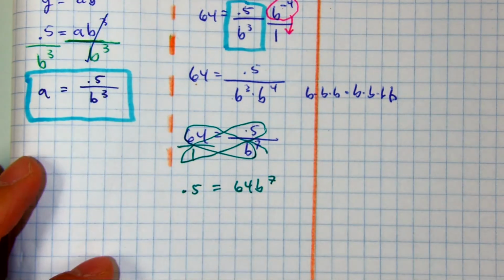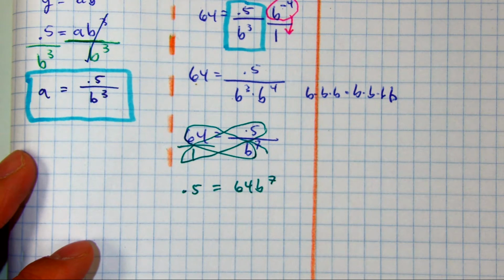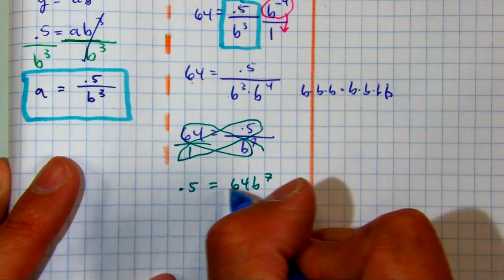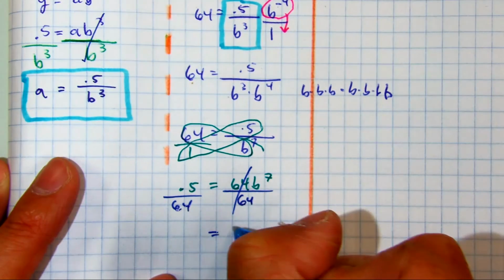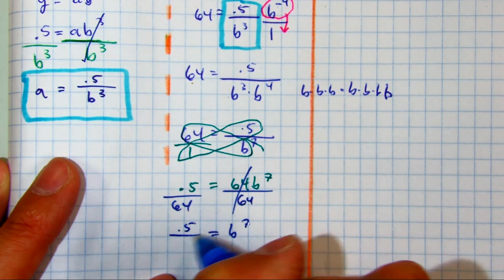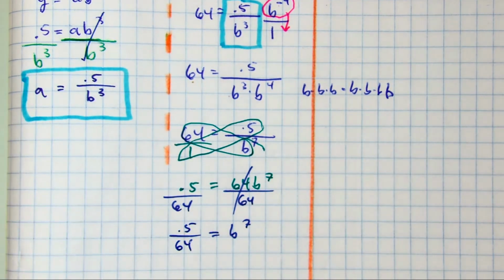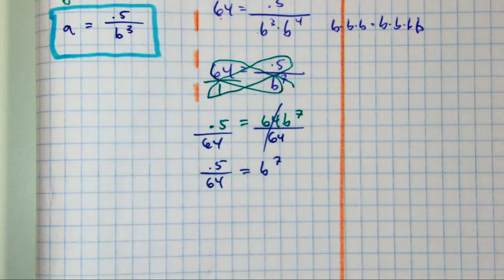Class, how do we get B by itself? Should I divide or take the radical? Let's divide it. So I have B to the 7th equals 0.5 over 64. What's the opposite of exponents?